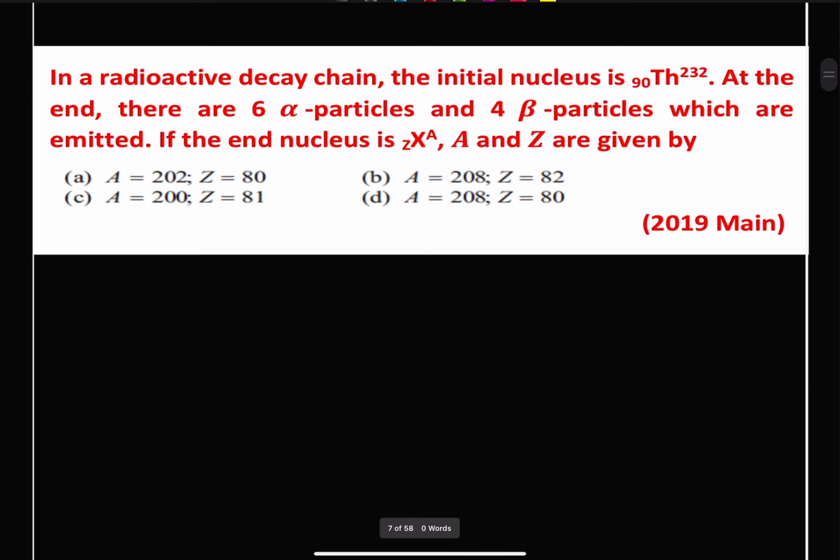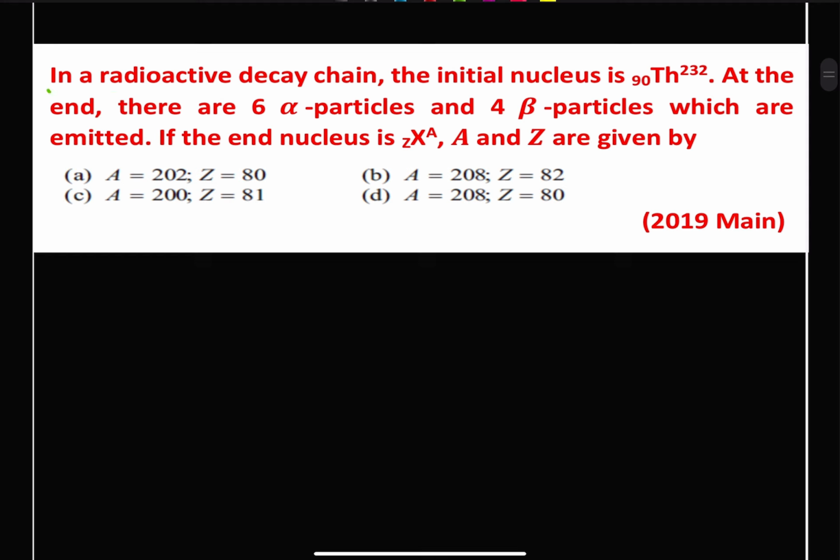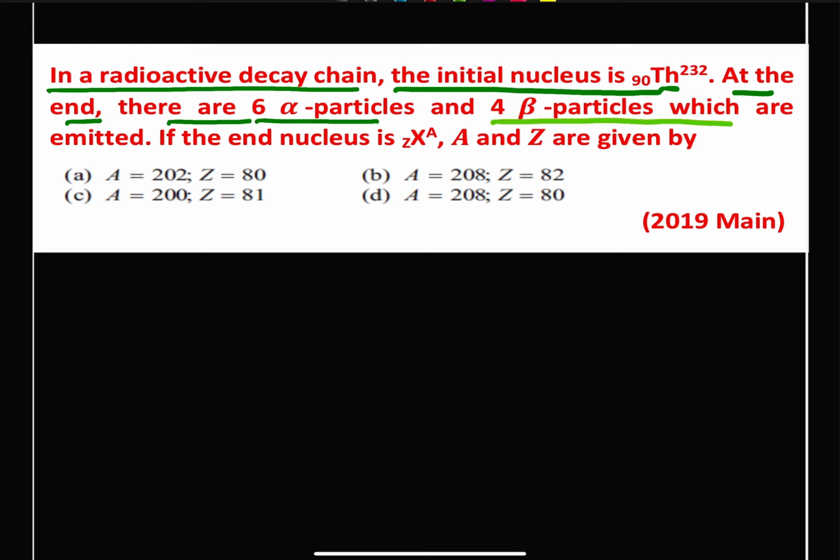It states that in a radioactive decay chain, the initial nucleus is thorium, 232 and 90. At the end, there are 6 alpha particles and 4 beta particles which are emitted. If the end nucleus is ZXA, then A and Z are given by.